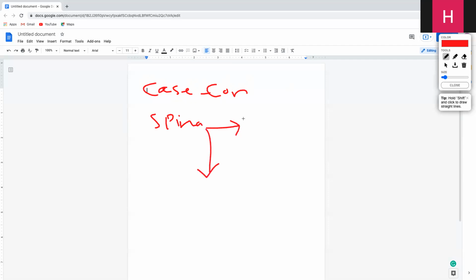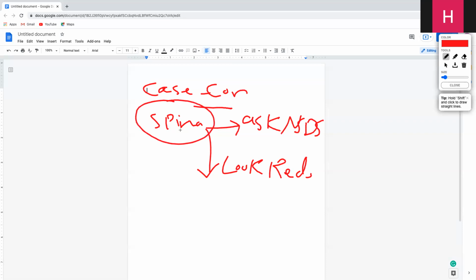I can tell you he asked the moms who took NSAIDs, or I can tell you he looked into the medical records. These are the two ways the questions are always formatted in case control. He might tell you that he went to mothers with spina bifida and also mothers without spina bifida, because there has to be cases, with the disease, and controls, without the disease.